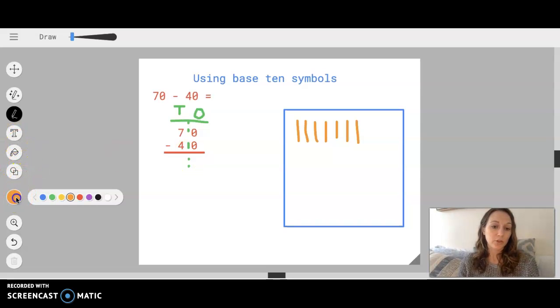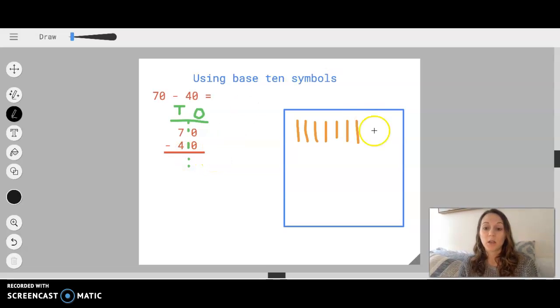I'm going to choose to cross out. So I need to cross out how many? I need to cross out 40 because 40 is the number we are subtracting from 70. Would you like to count with me? 10, 20, 30, 40.